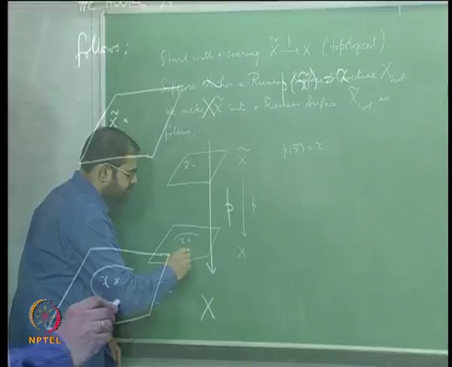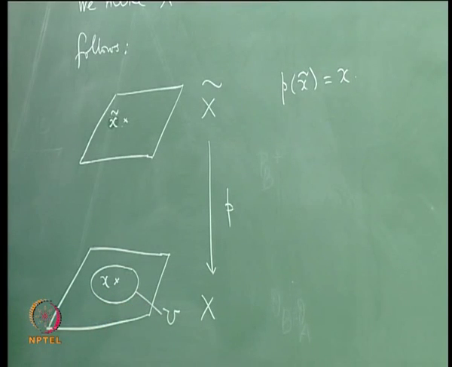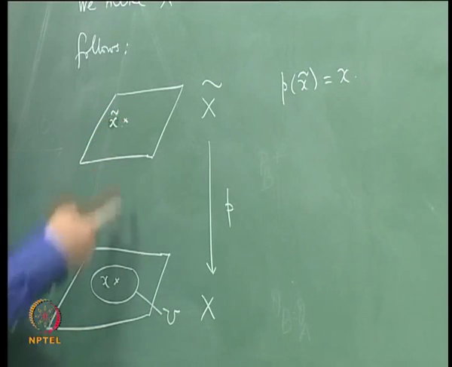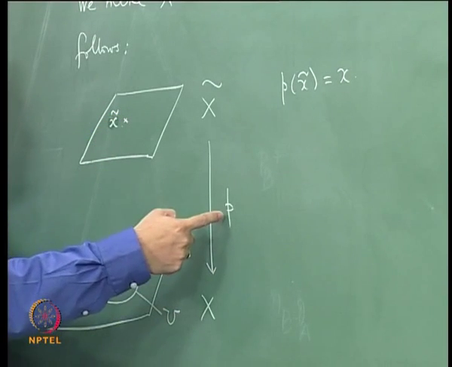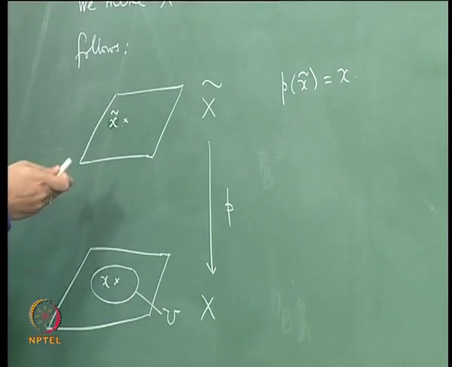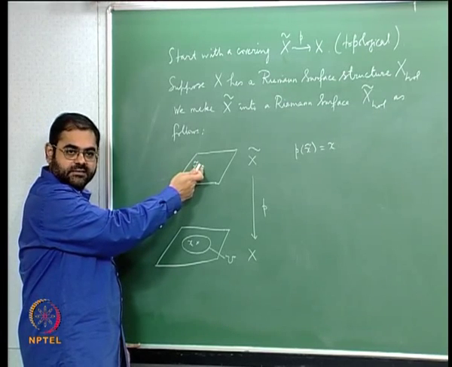If I call that admissible neighbourhood U, then its inverse image under P will give you several copies of this neighbourhood above, and exactly one of them will contain x tilde.